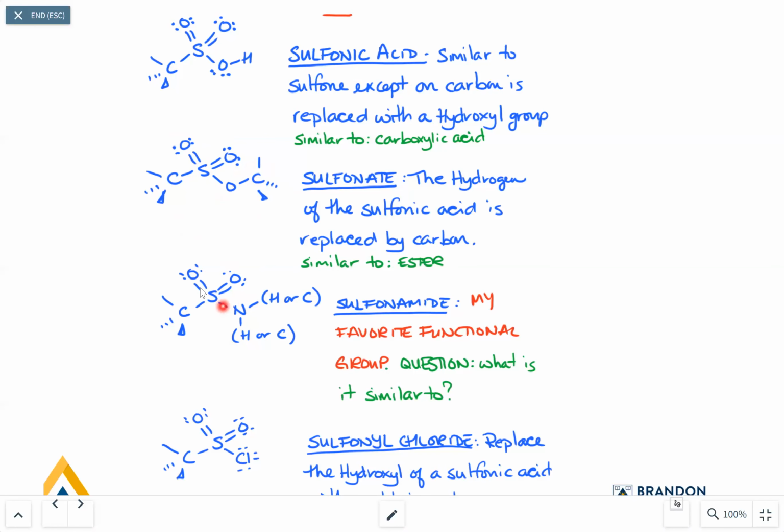Sulfonamide is the equivalent of an amide. This is the functional group that I like the most. It is similar to, of course, the amide. And so these are often used in medicinal chemistry for a whole bunch of reasons.